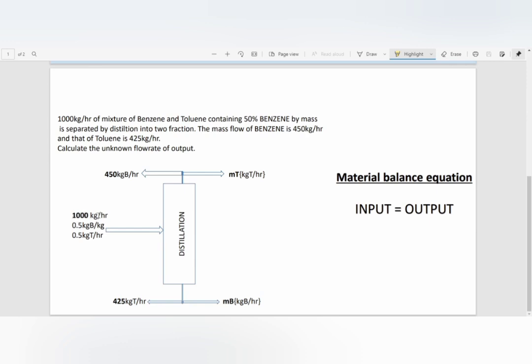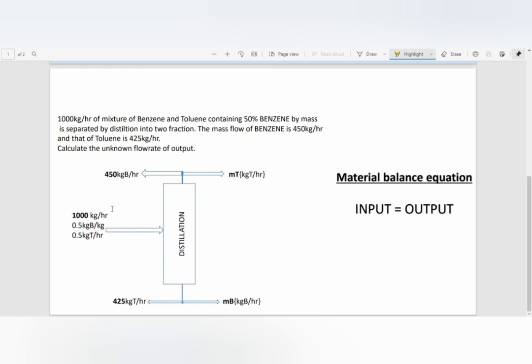So 50% is benzene, and the other 50% will be toluene. 50% is written as 0.5 after dividing by 100, and similarly 50% toluene is also written as 0.5.